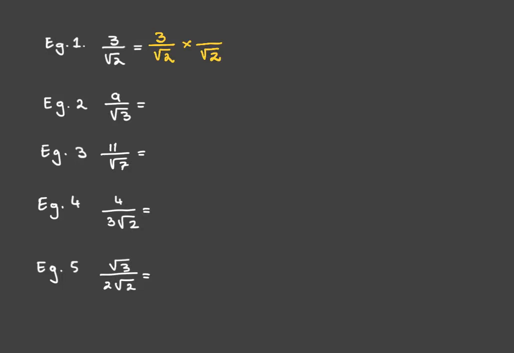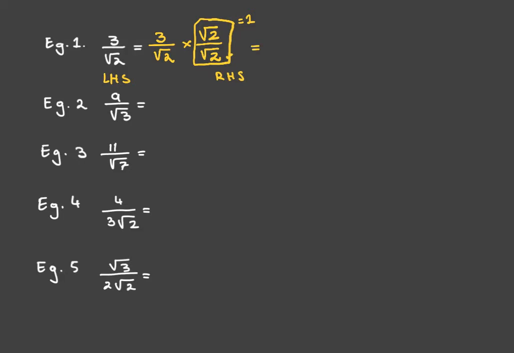If I just multiply the denominator, then my expressions on the left-hand side and the right-hand side are not the same. So what we're going to do here is add square root of 2 on top as well. Now, we already mentioned that this is equal to 1. So this fraction doesn't change at all.